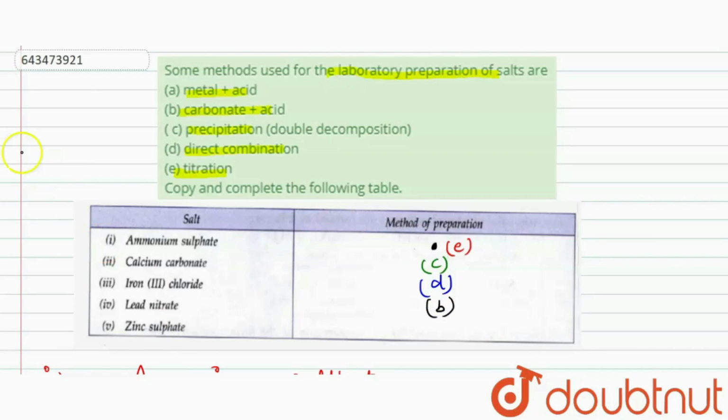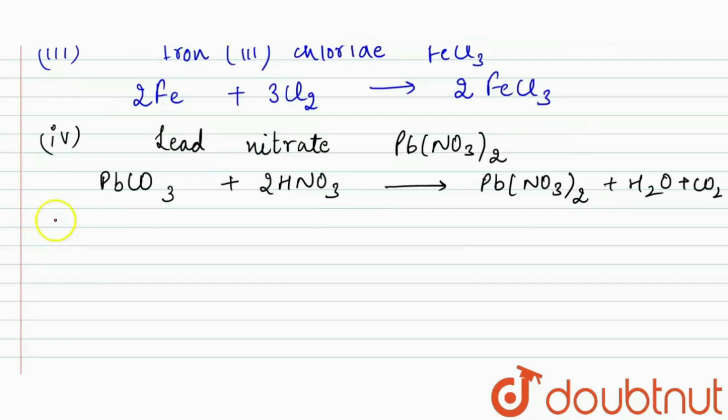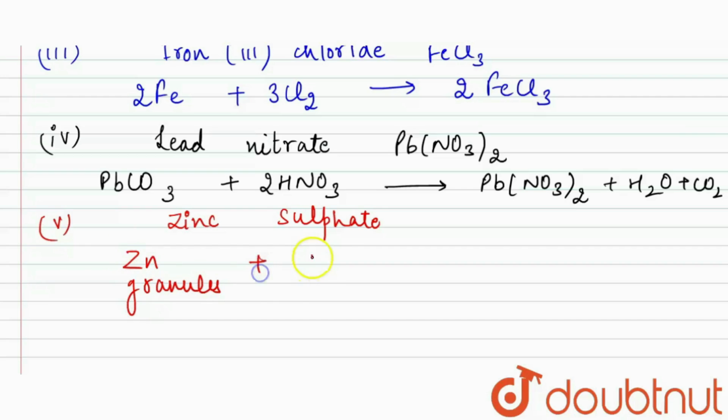Now last is zinc sulfate. Zinc sulfate is formed in the laboratory by the reaction of zinc granules with H2SO4.